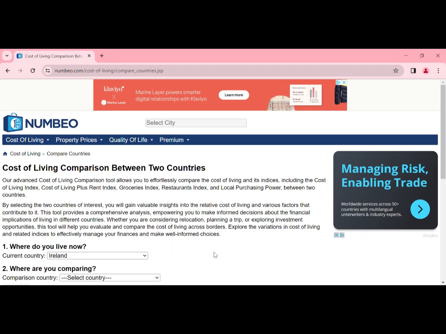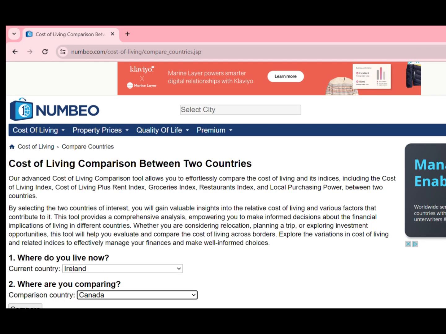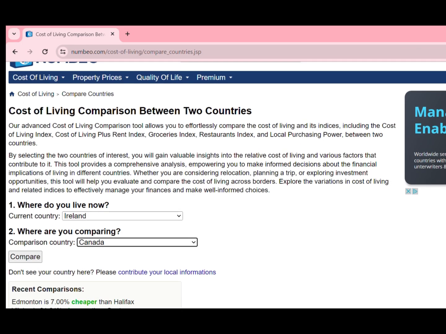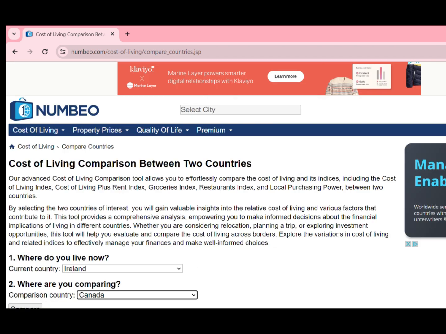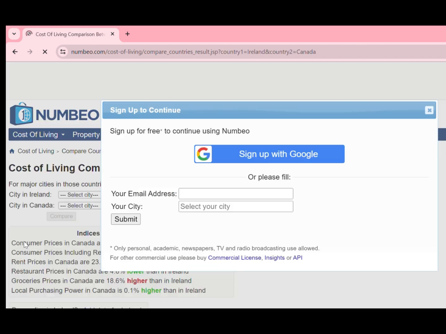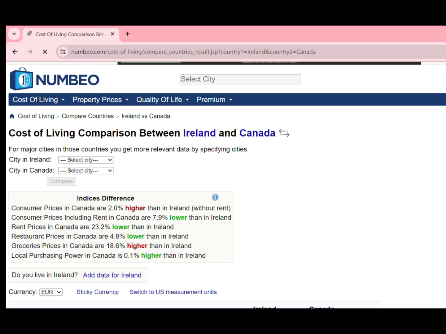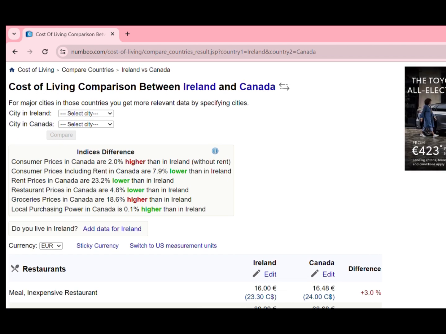Let's compare Ireland with, let's say, Canada. Okay, so let's just compare Ireland and Canada and see, just to give you guys a fair idea. Okay, so I'm not signing up. So that is how it works. So it's not just about comparing cities, but even country as a whole, which I think is very good.